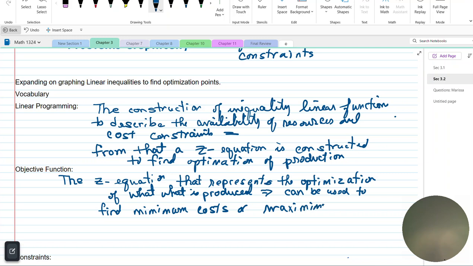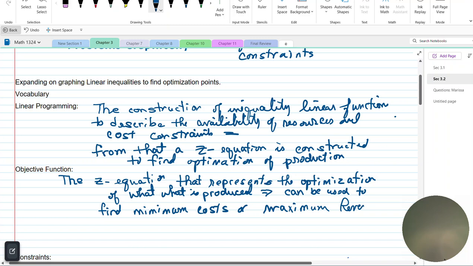Minimum, I can't spell. And in this case, it's usually revenue. All right. So we have this z equation.